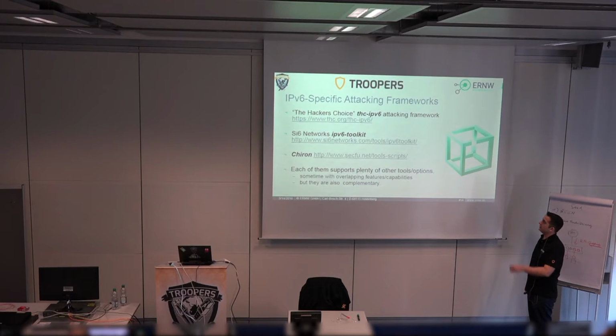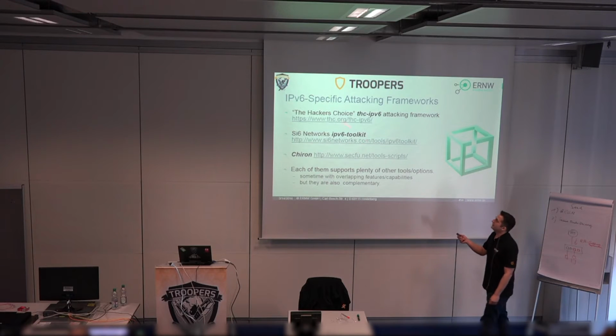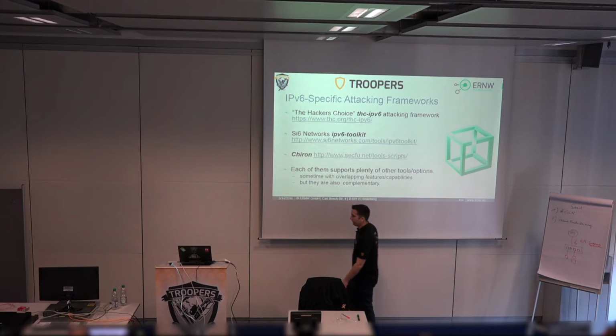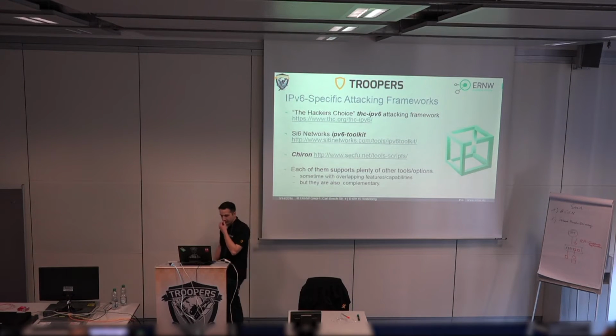The main difference is that the IPv6 toolkit is better documented than the Hacker's Choice toolkit. But from an ease of use point of view, THC IPv6 is, from my point of view, the way to go. And then, of course, we have Chiron.